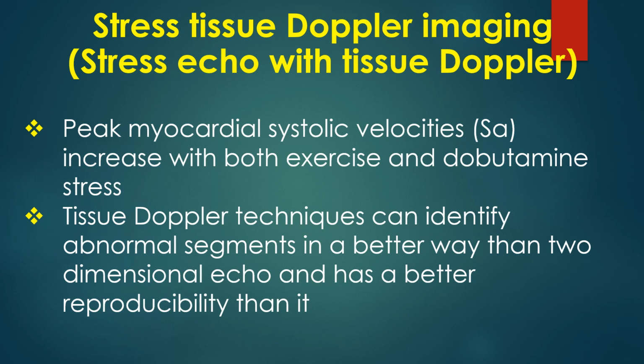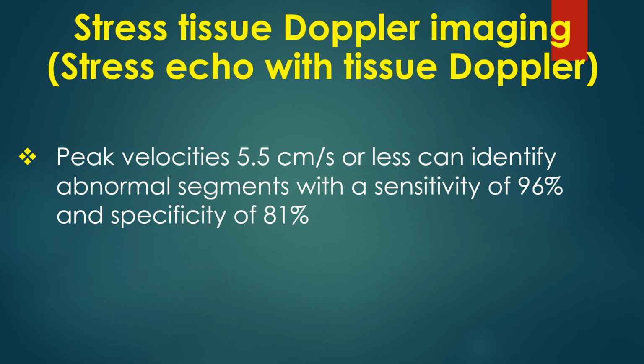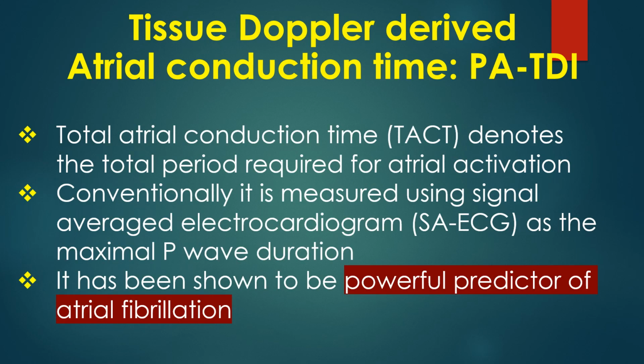Tissue Doppler techniques can identify abnormal segments in a better way than two-dimensional echo and have better reproducibility than it. Peak velocities of 5.5 cm per second or less can identify abnormal segments with a sensitivity of 96% and specificity of 81%.